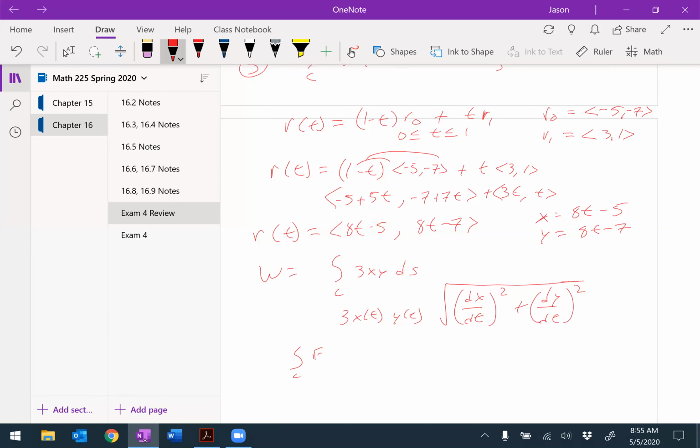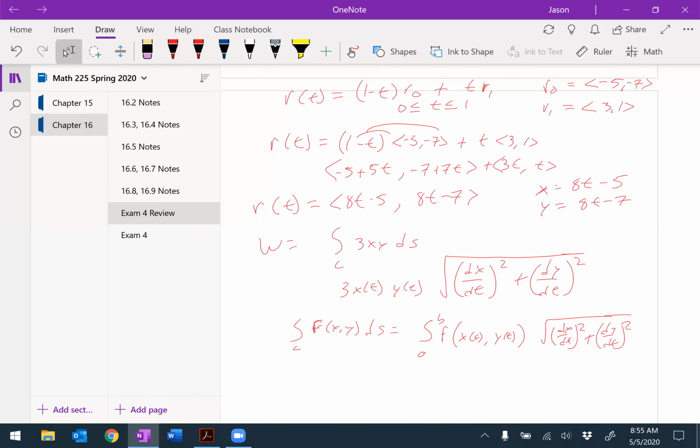The integral over C of f of x, y ds is equal to the integral from a to b of f of x of t, y of t times the square root of dx dt squared plus dy dt squared. That's the very first formula we went over in this chapter, 16.2, just making sure I got the formula correct.